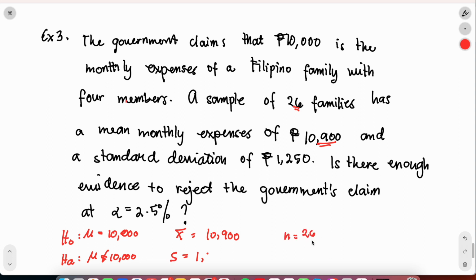We should use the standard deviation for samples, s. We have 1250. So those are the given. Okay, so the alpha here is 2.5%, which is 0.025.